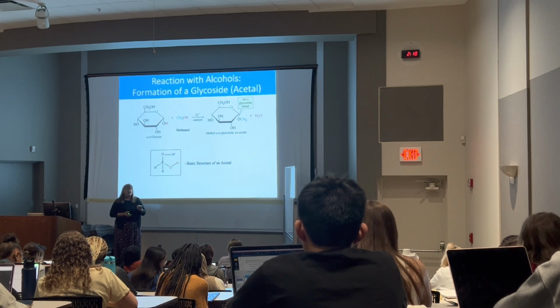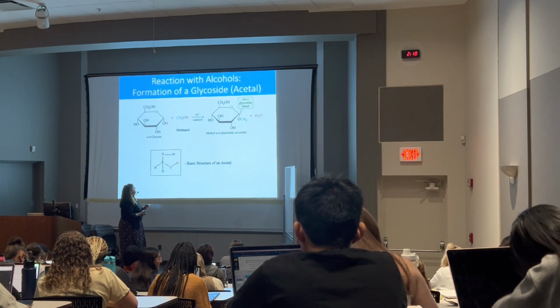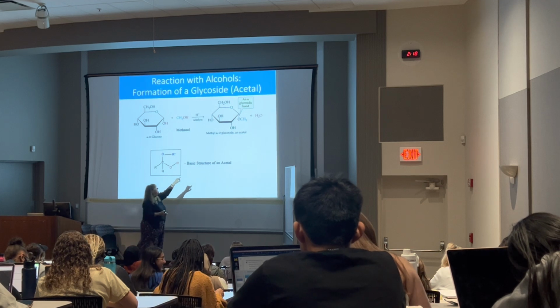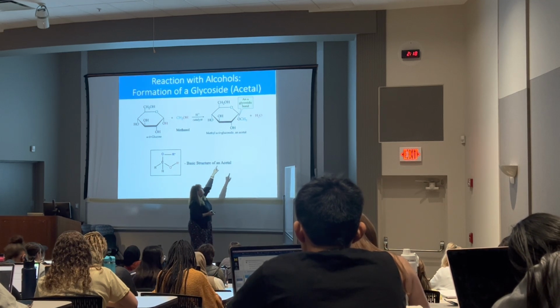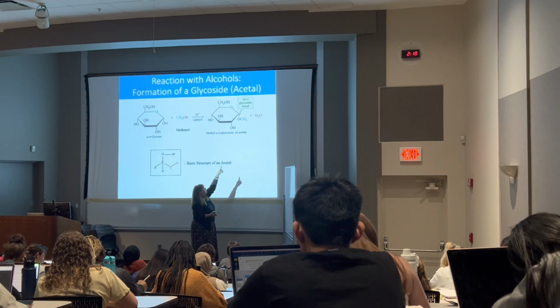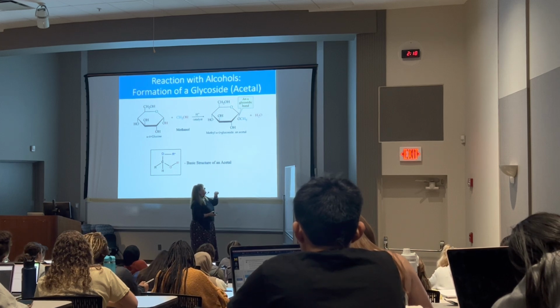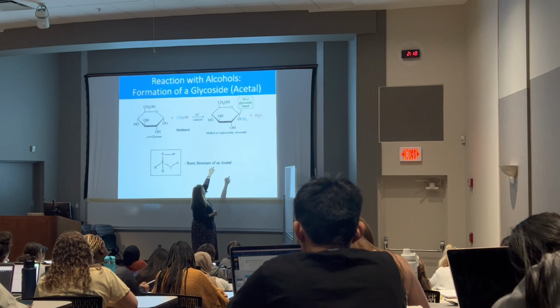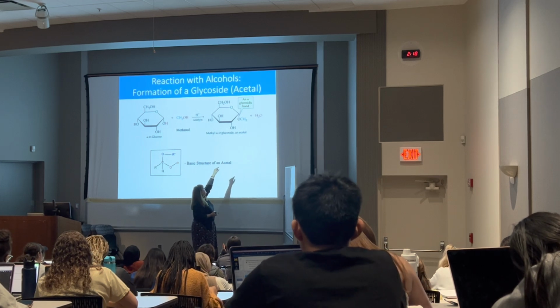It's always going to react with the OH on the anomeric carbon. And what you'll get is the methyl group will get moved on to the oxygen, the hydrogen will go off and combine with the OH of the alcohol to produce water.